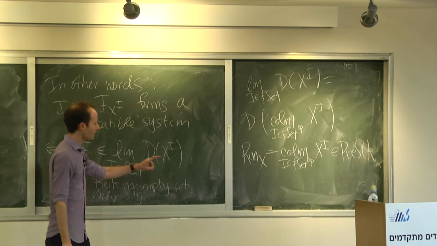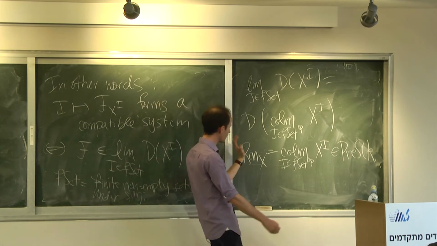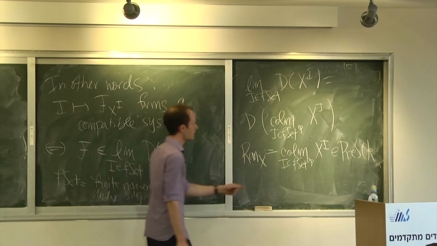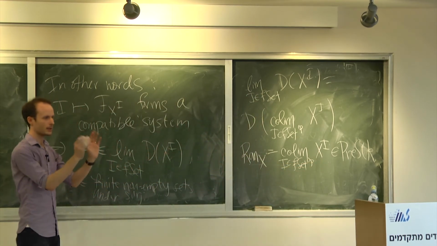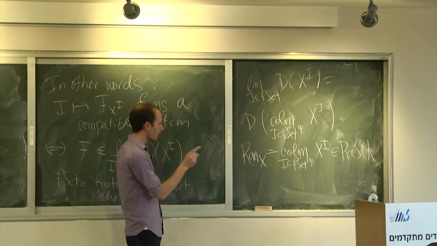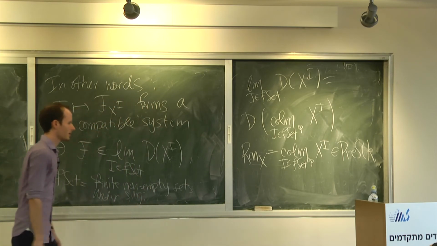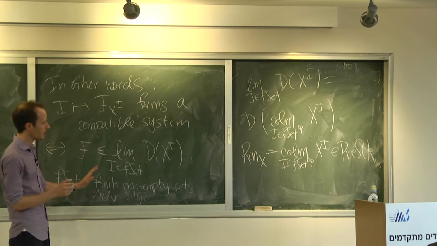At first pass, you might think that it's an ind-scheme, because we're taking these x to the I's and taking some colimit under closed embeddings. These diagonal morphisms are the relevant things. But it's not an ind-scheme, because you're supposed to take a filtered colimit in that case. And this colimit, unfortunately, isn't filtered. So it causes slight annoyances. It's something to be aware of.